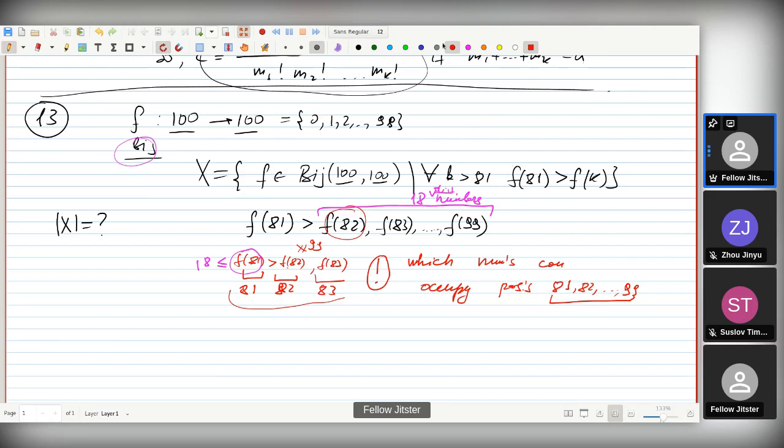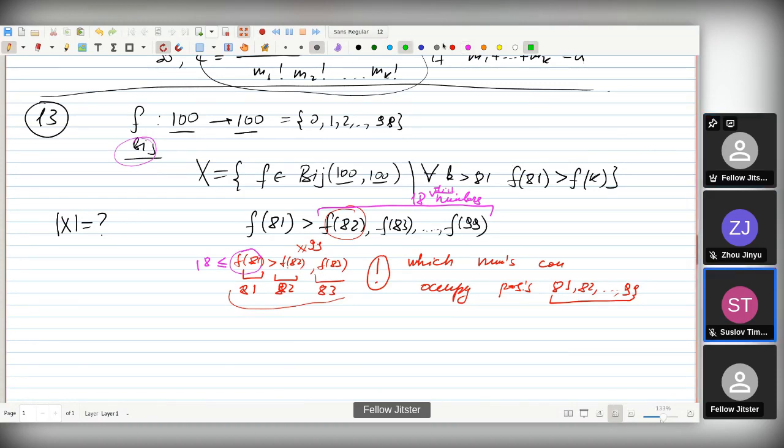We know that f of 81 must be greater or equal than 18. Do you agree?